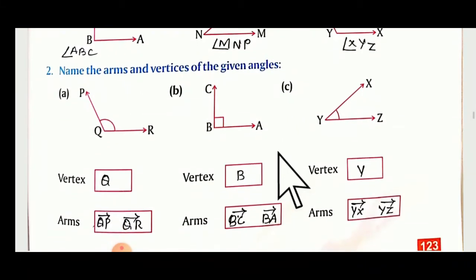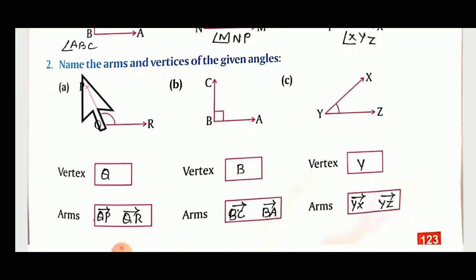Then question number 2. Name the arms and the vertices of the given angle. First thing you have to tell is arms and vertices. Arms are the rays, the vertex is the joining point. The vertex is Q, the joining point is Q, whereas the arms are QP and QR.